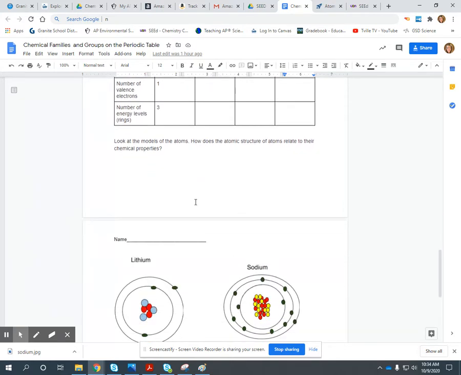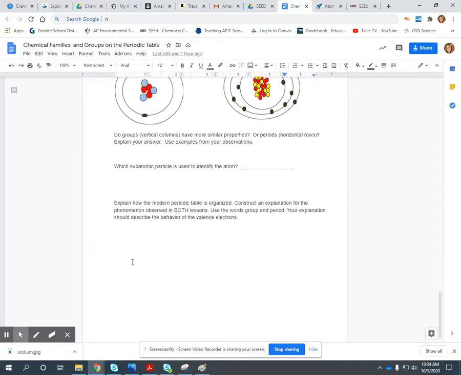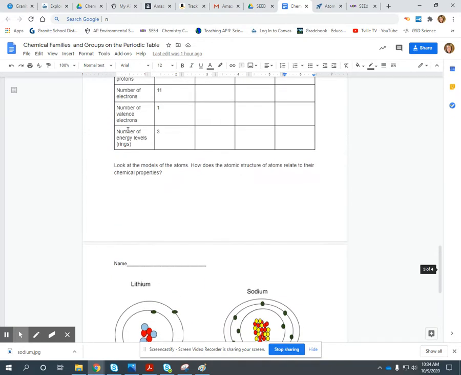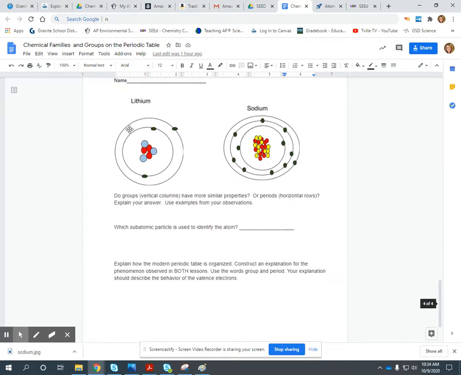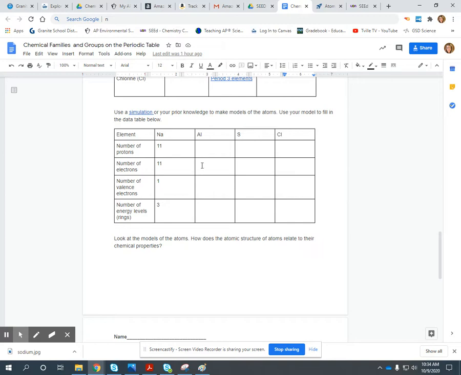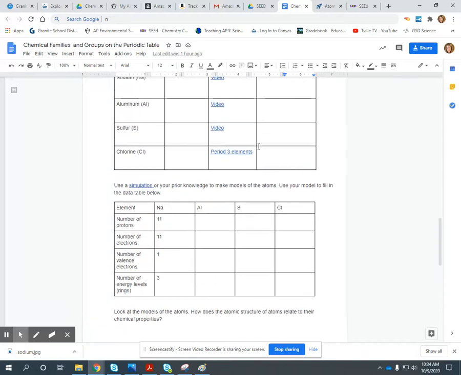Okay, at the bottom of this Google Doc are some analysis questions. So make sure you guys answer all of these analysis questions and think about how the properties we observe relate to the atomic structure of the atom? How are the vertical columns on the periodic table the same, and how are the elements in the horizontal periods different?